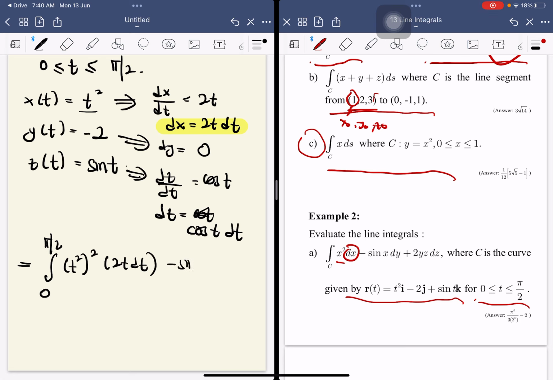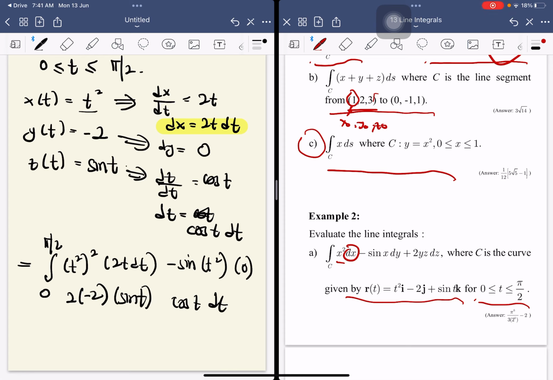Minus sine x, so t squared over here, and then dy is equal to 0, so this term is cancelled out. The last one is 2y, where y is negative 2, and z is sine t, and dz is cos t dt.